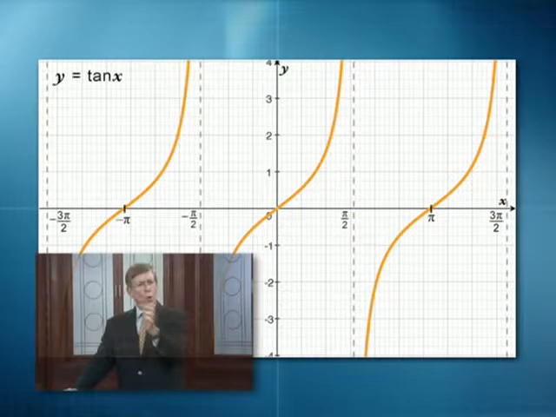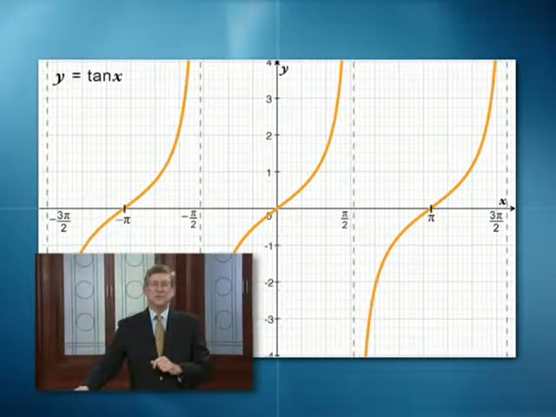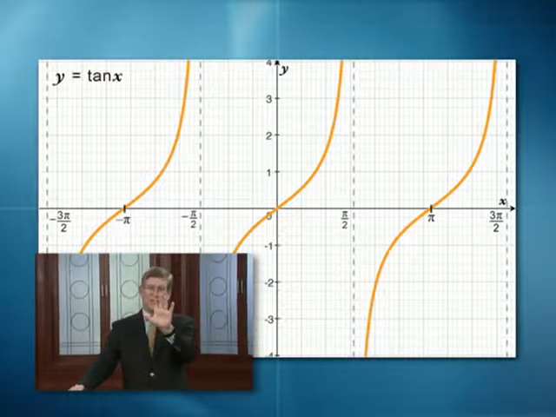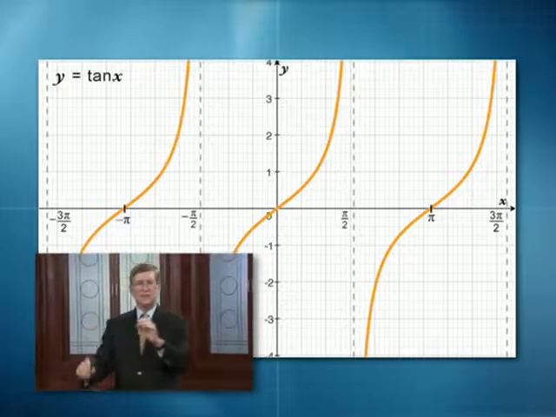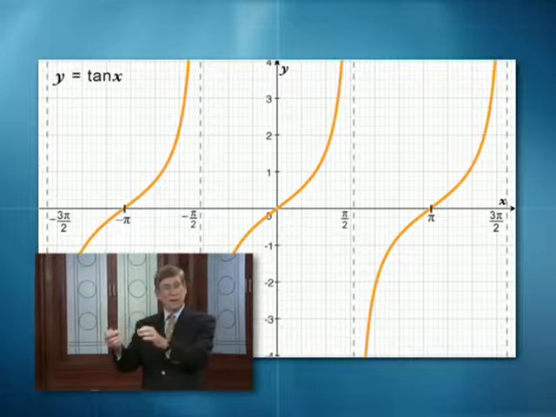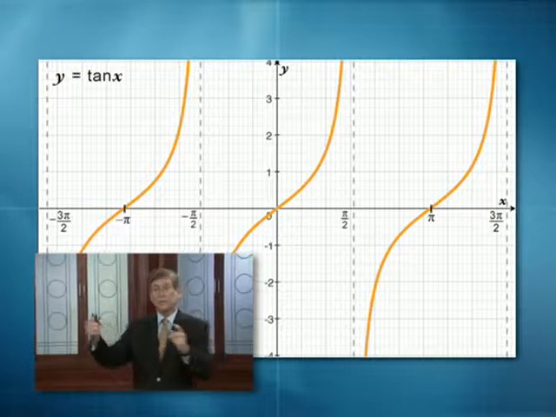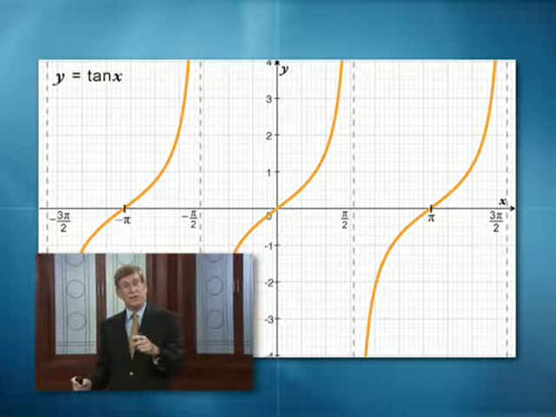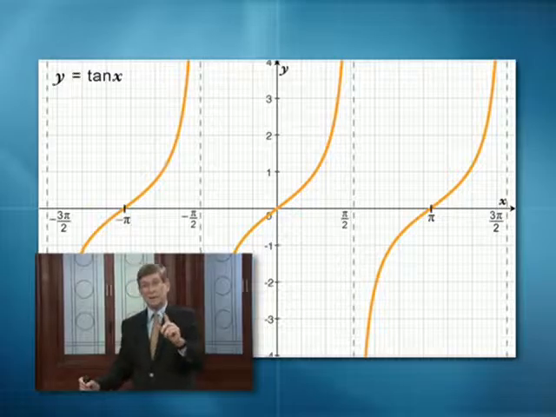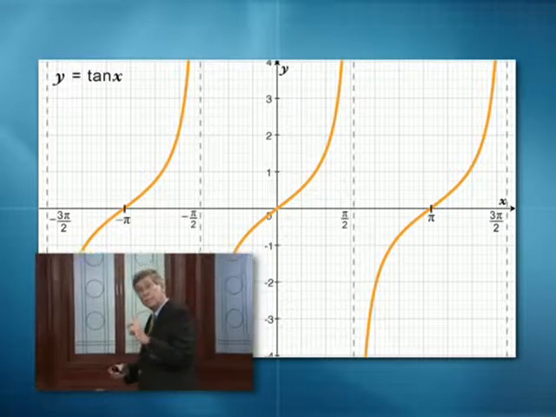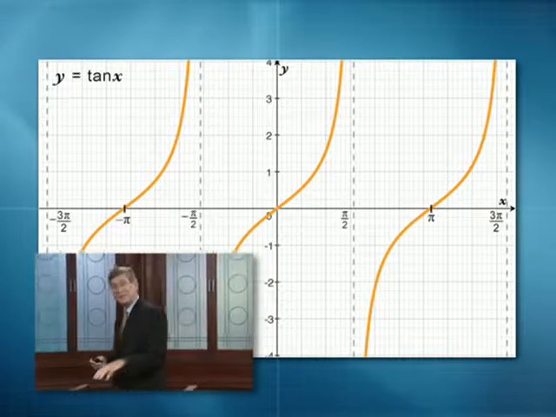What's the period of this function? Well, look, it's got these chunks, these pieces, and they seem to repeat. One of them is from minus pi over 2 to pi over 2. That's length pi. And then it's repeated. So the period here is pi, not 2 pi like sine and cosine, but rather pi. Isn't that interesting?